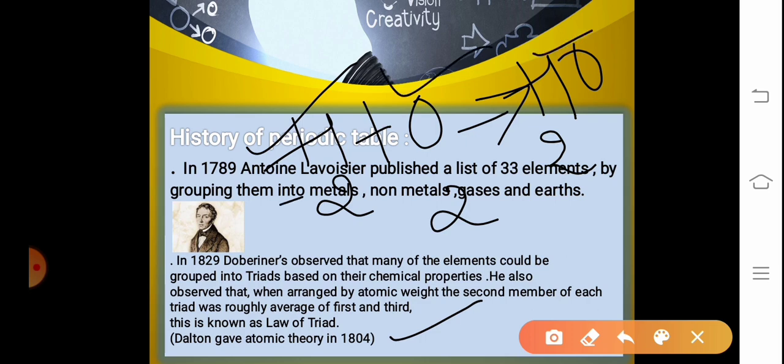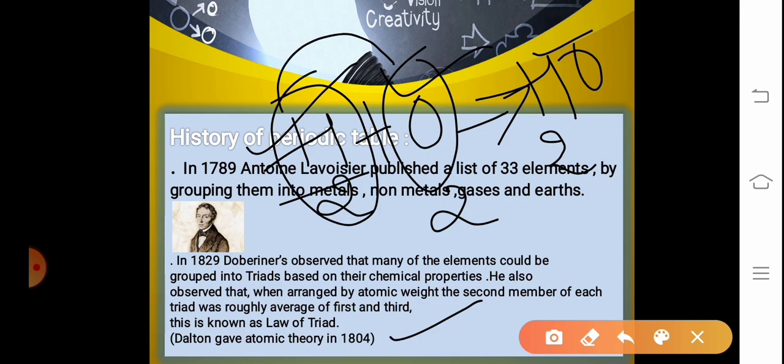Now this element hydrogen has some weight, and oxygen also has some weight. When the reactants combine, those two weights also combine. As a result, the product also gets some weight. So this is how the atomic weight was found in the earlier days.